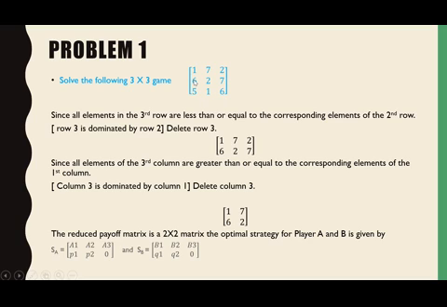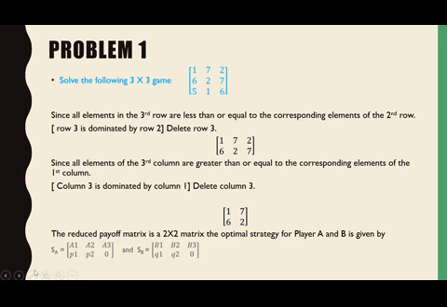Compare it with the second row. 5 is less than 6, 1 is less than 2, 6 is less than 7. So all the elements of the third row are less than or equal to corresponding elements of the second row. So what does that mean? Row number 3 is dominated by row number 2. Therefore, there is no problem if at all you delete the third row.